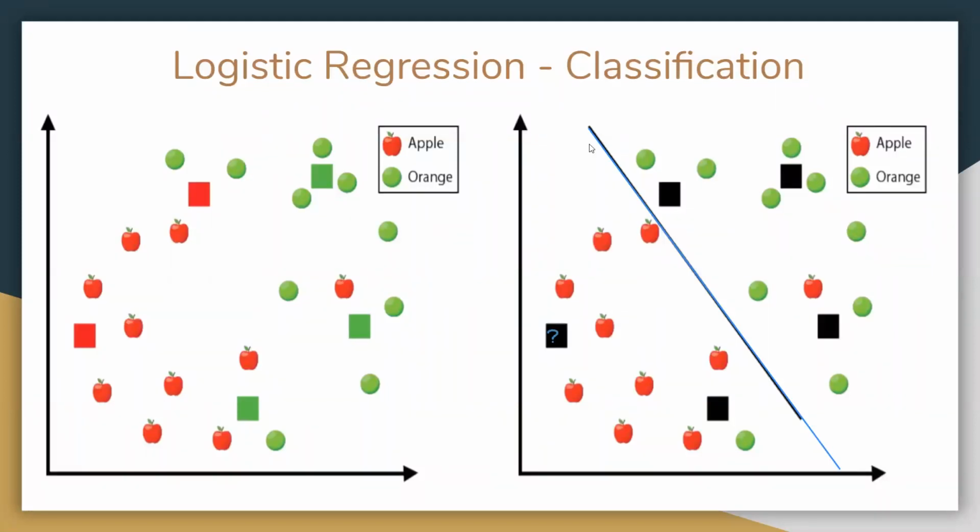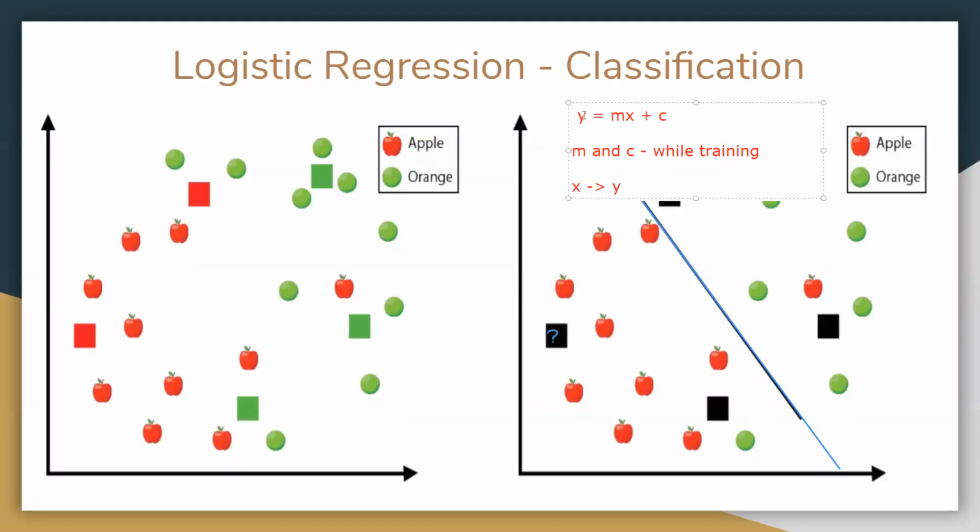In the y is equal to mx plus c formula, the line equation will be y is equal to mx plus c, right? This is how your line is. And what are the m and c values? You will find them while training. And the x value, you will pass in, and you have to find the y value.